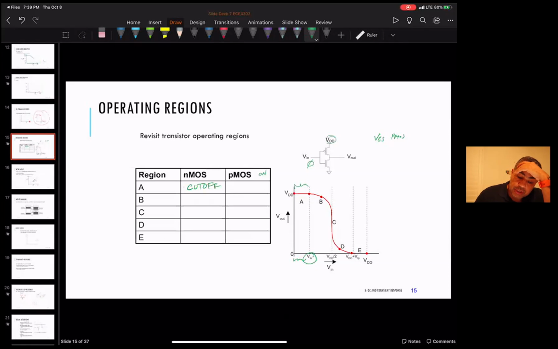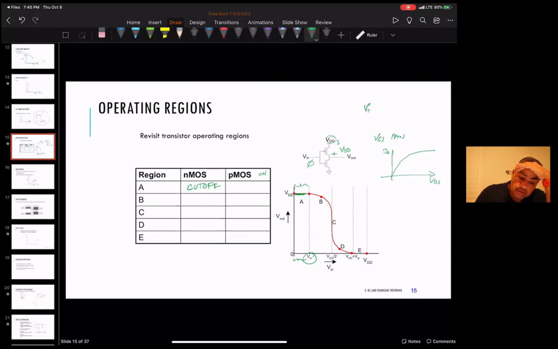The output voltage is VDD. If the PMOS had a curve like this, the output voltage is at VDD, and so the drain source voltage is low.